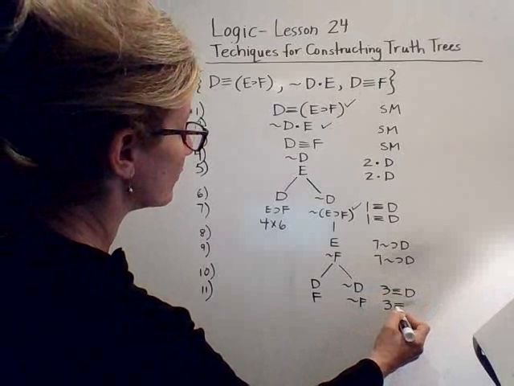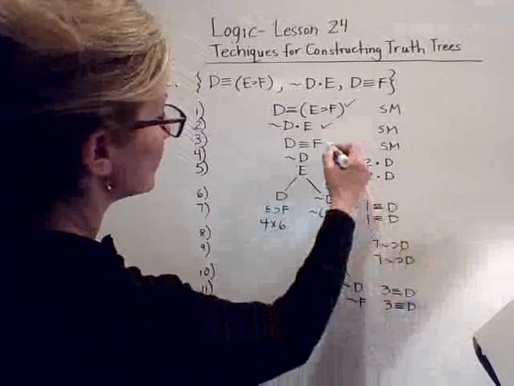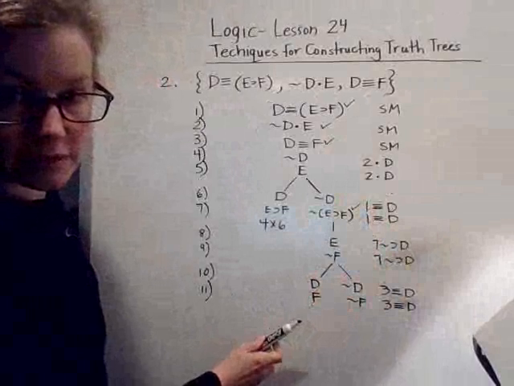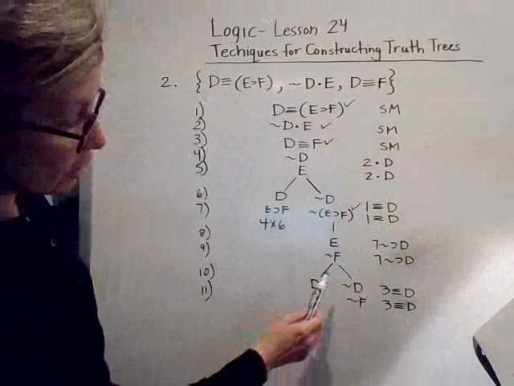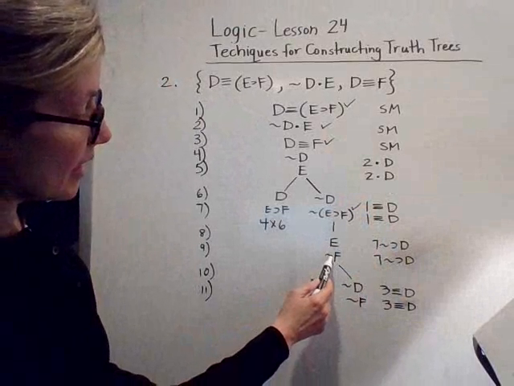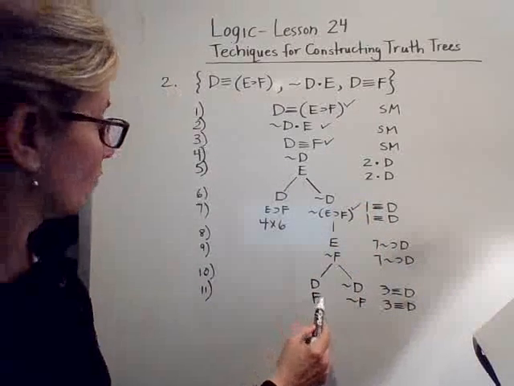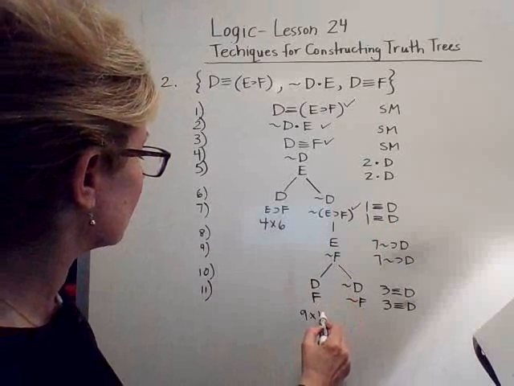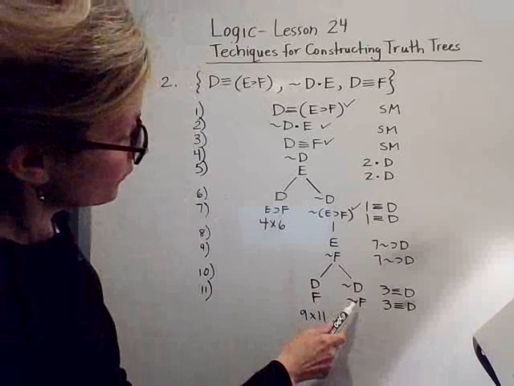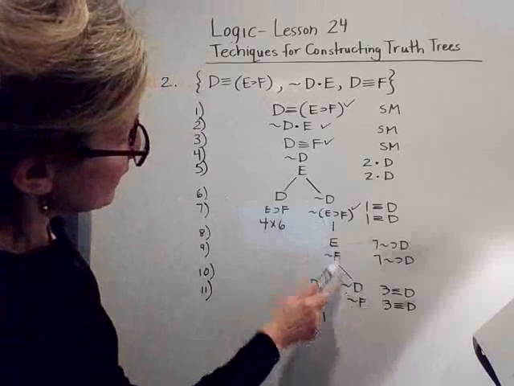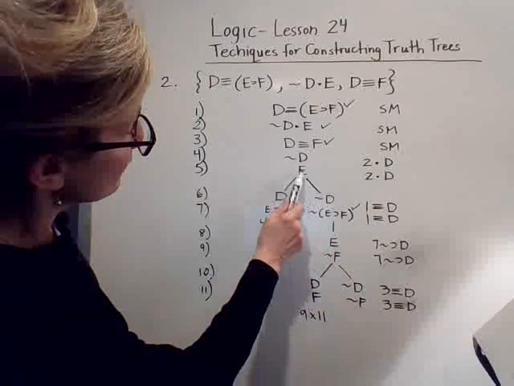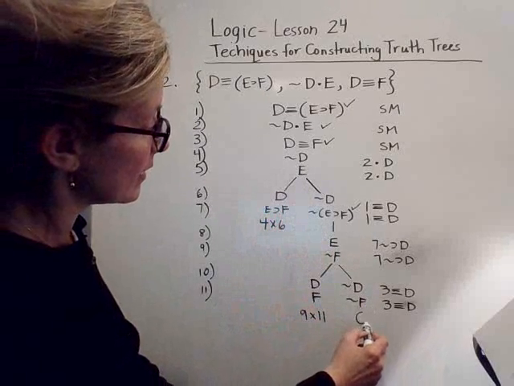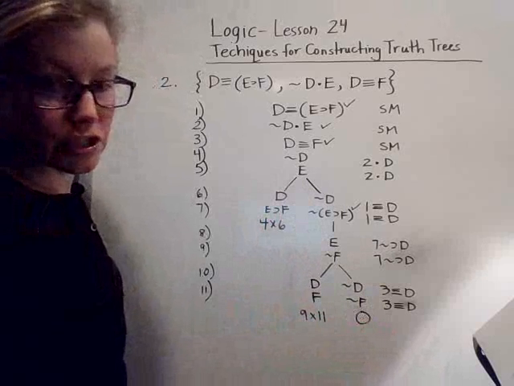We write that down for both lines. Let's put a check mark because we're done, and now let's look for contradictions. Here I see not F and F, which is a contradiction, so line 9 contradicts 11. Over here we have a not F and a not D, so I don't see any contradictions there, so this would be an open branch.